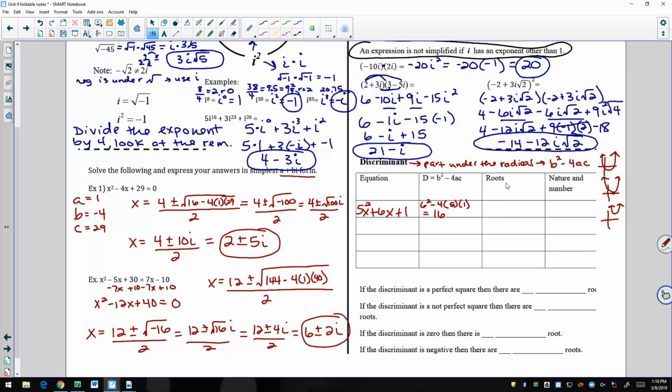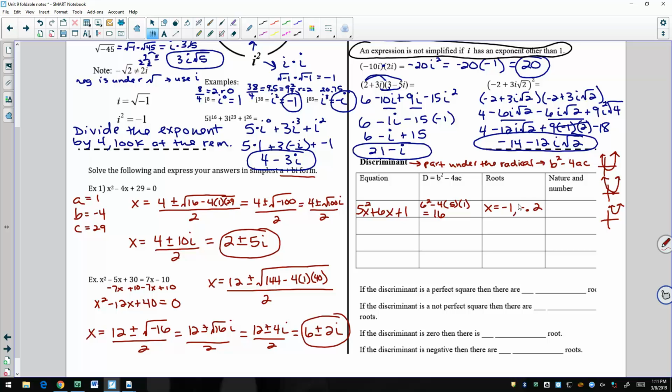So when you find your roots, you're going to cross at nice numbers because the square root of 16 is just 4, which means you can then do negative 6 plus 4 and negative 6 minus 4 all over 10, because 2 times a. So if you actually found the roots, you would find that they cross at negative 1 and negative 0.2.